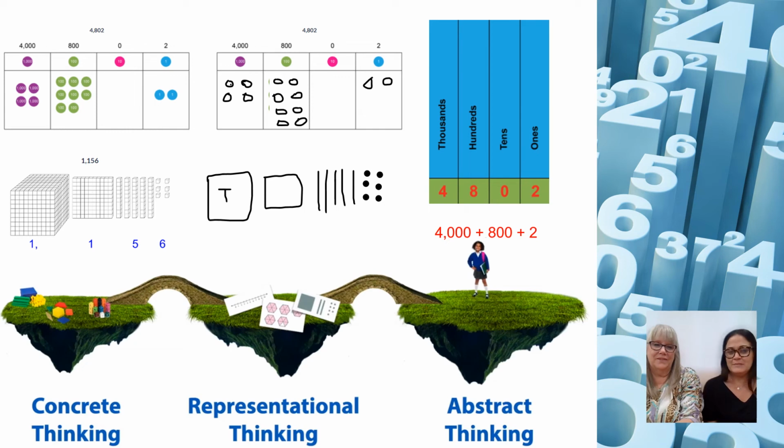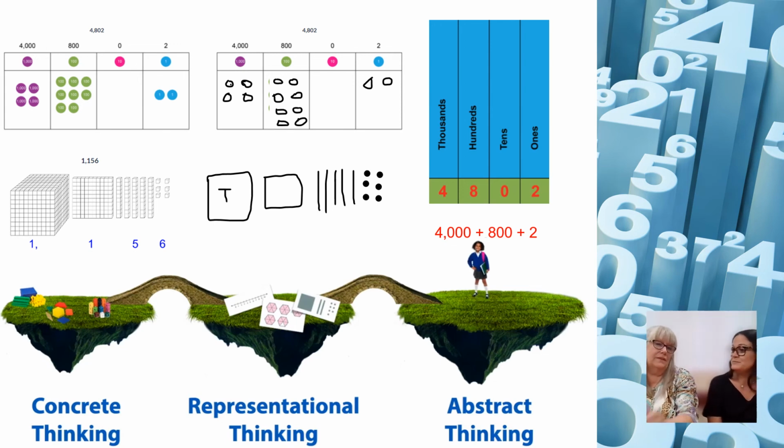Here you can see many of the different representations that we've actually talked about in this Math Dive in About 5. You can see the concrete thinking and the concrete models that are represented, as well as representational thinking where students are actually making a connection to that concrete model through drawing a picture, and then our more abstract thinkers in regards to using the place value chart in expanded form.